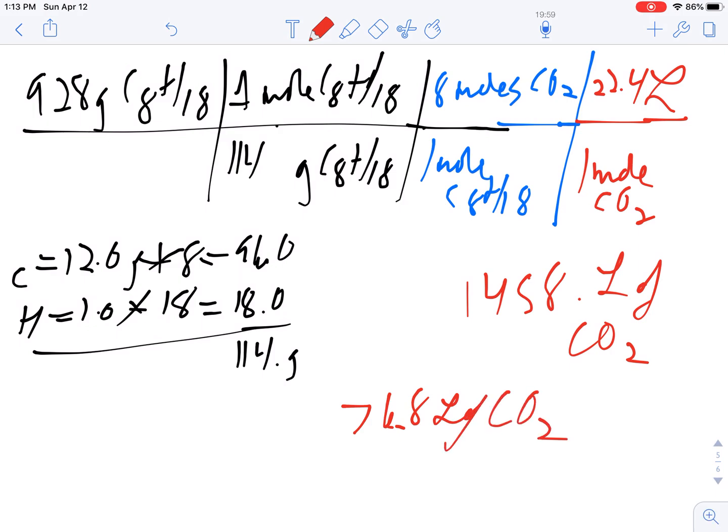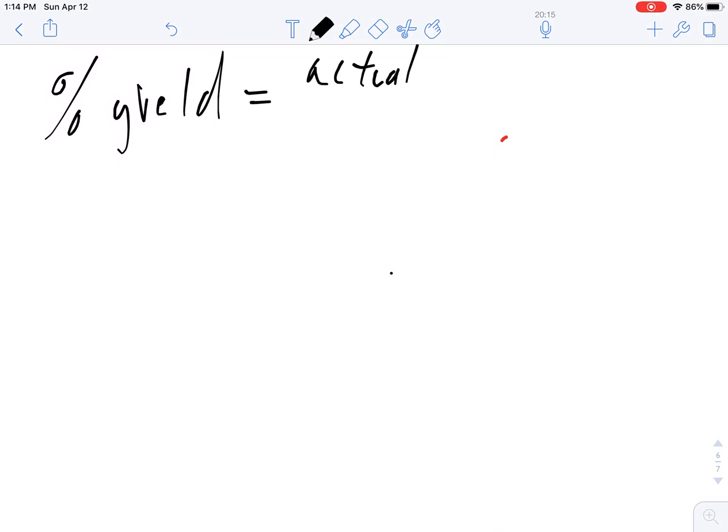Now let's tie this into percent yield, because it's been a while since we've done that. Percent yield is what you actually got over what you theoretically could have had.